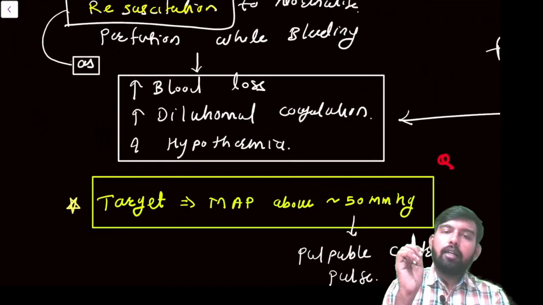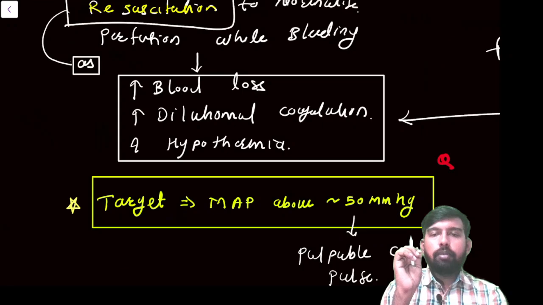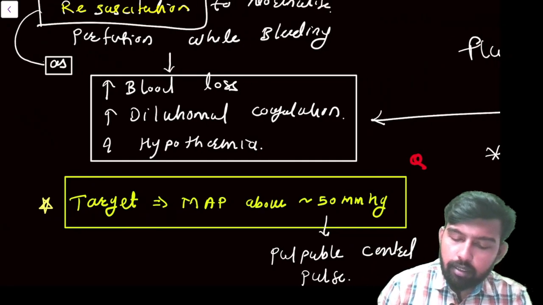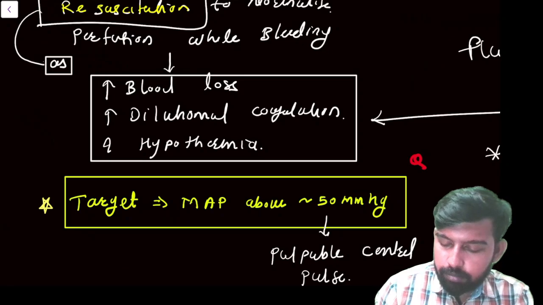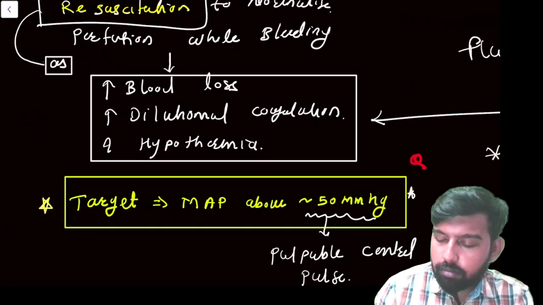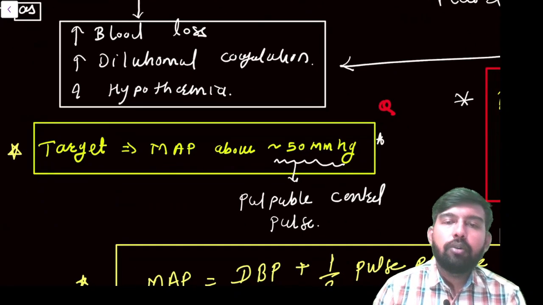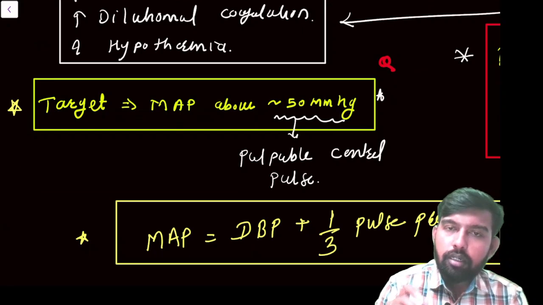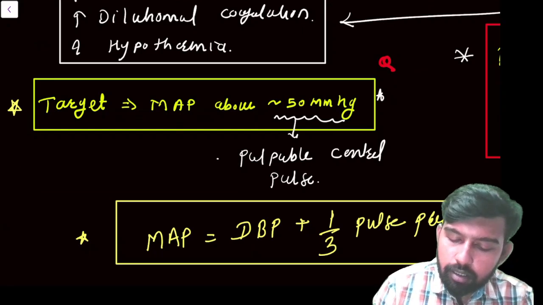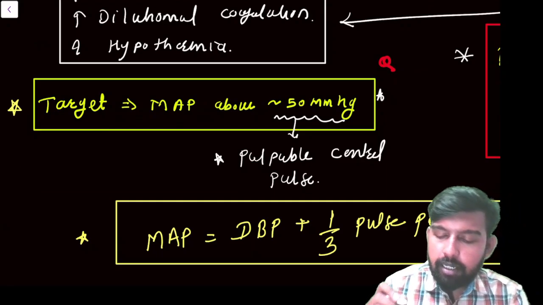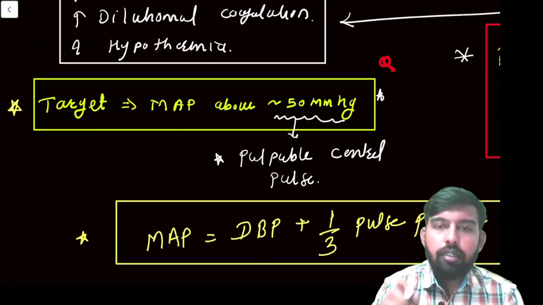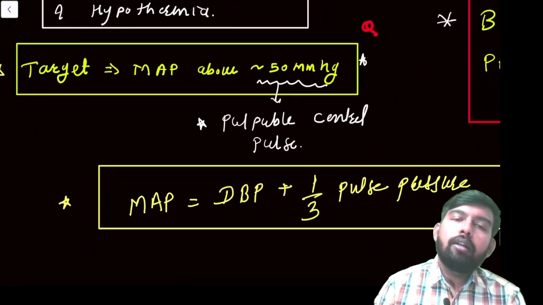The target mean arterial pressure for the permissive hypotension could be around 50 millimeters of mercury, just to maintain a palpable central pulse. What is the mean arterial pressure?